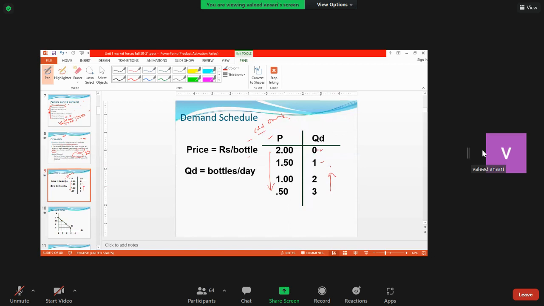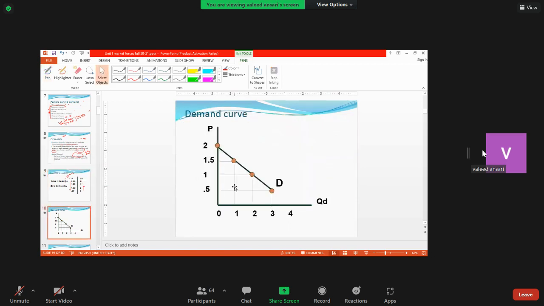This can also be displayed on a graph, because economists also use graphs. For example, the same relationship we can depict on a graph. On this axis, we have the price, and on this, quantity demanded, QD.